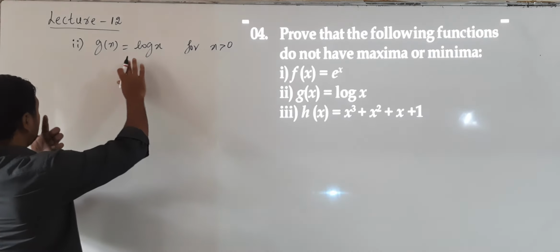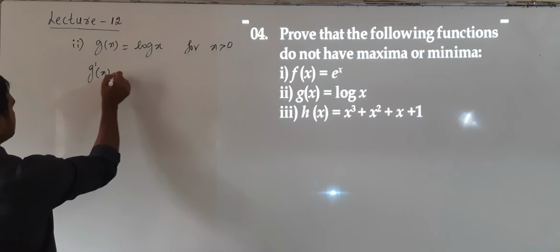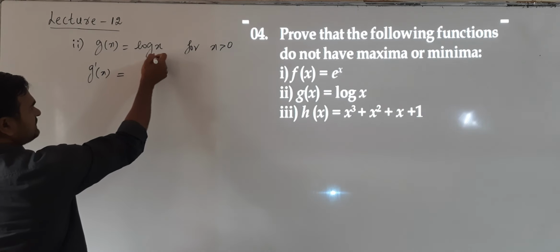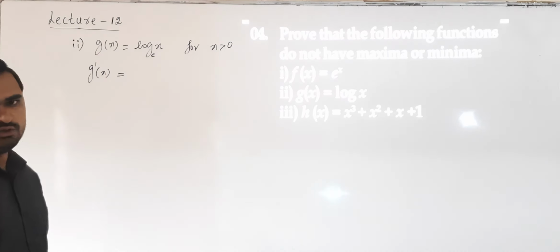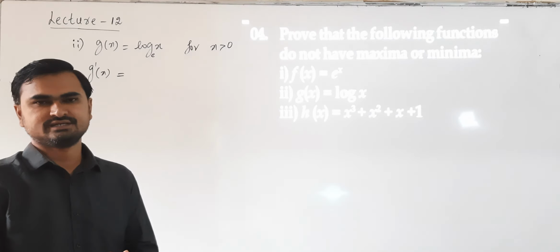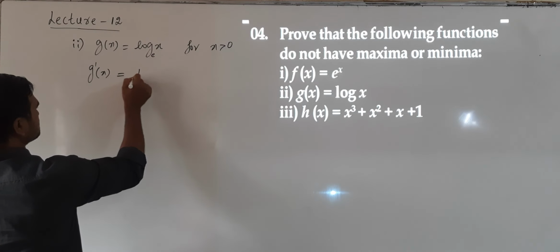Okay. So let us find the derivative here. What is the derivative g dash x? Derivative of log x. Nothing is mentioned, so the base should be e. When no base is mentioned for log in calculus, we take the base as e. So the derivative of log x is 1 by x.